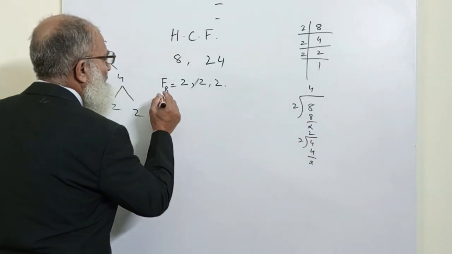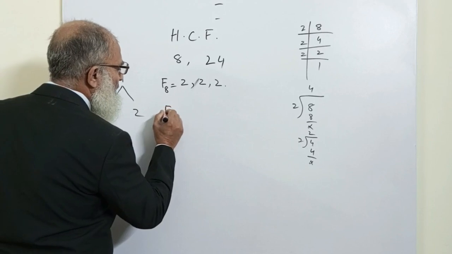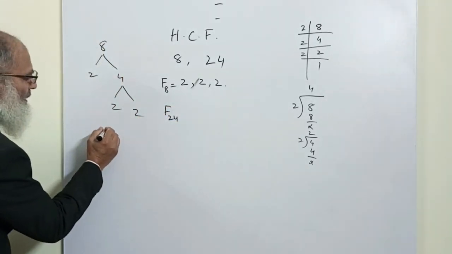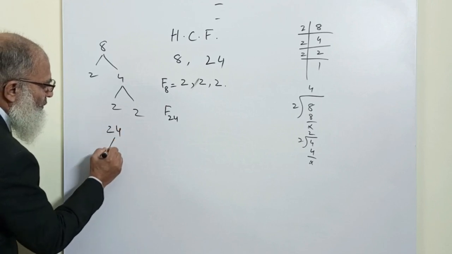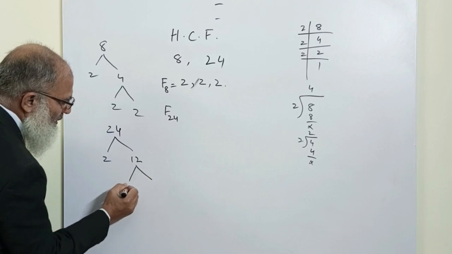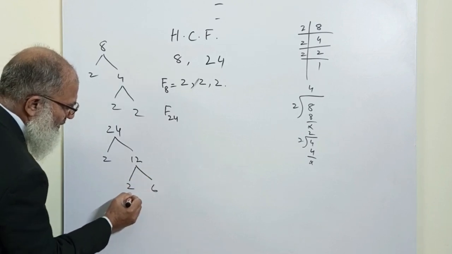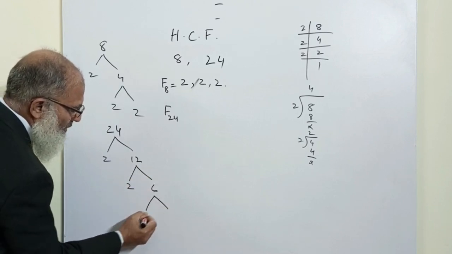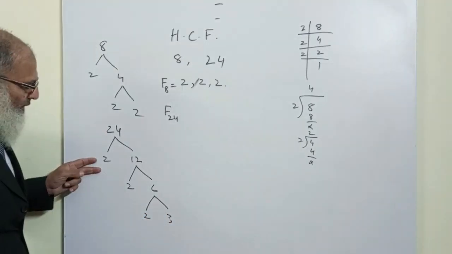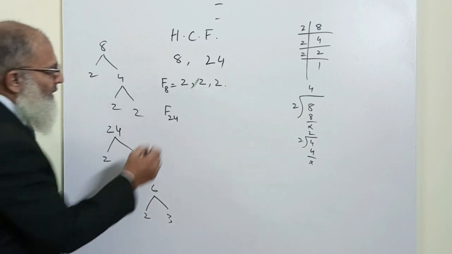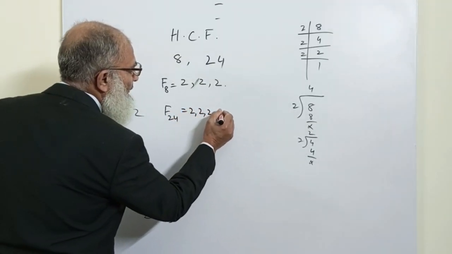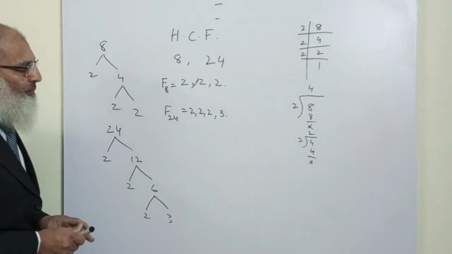I'll tell you why. Now for the 24: 2 12s are 24, 2 6s are 12, 2 3s are 6. See again, what we have is a train of 2s and one 3.